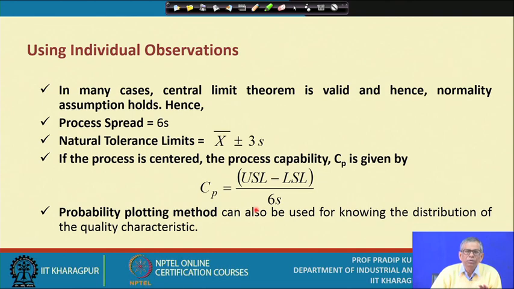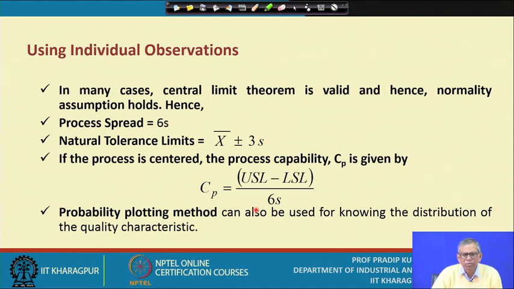From the individual values you subtract the mean value, x bar, square this deviation, add them for all the individual values, and then divide by n minus 1. That is essentially the variance, and for the given sample of size n, you take the positive square root of the variance, and that is the standard deviation. So you can get that formulation.